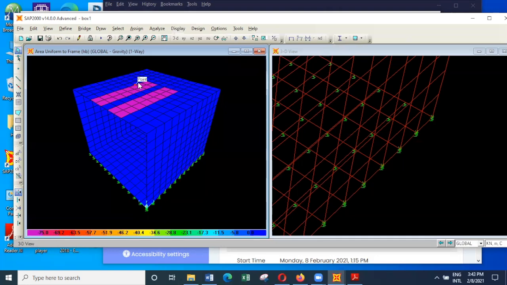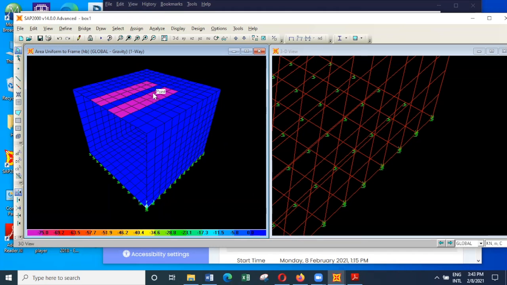Here you can see the weight of the vehicle has been applied as 2 patch loads, and these span in direction of the box culvert, not this one. So I have considered that the vehicle is moving this way, and then I have to apply it at a place where that will cause the maximum effect.